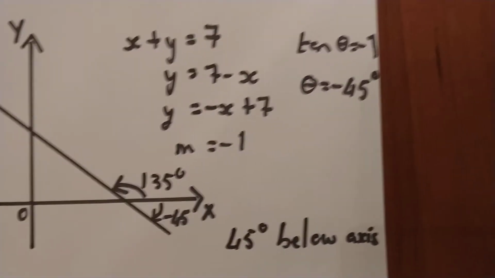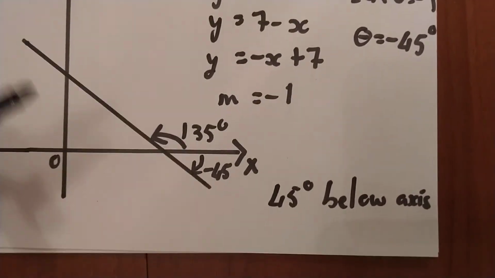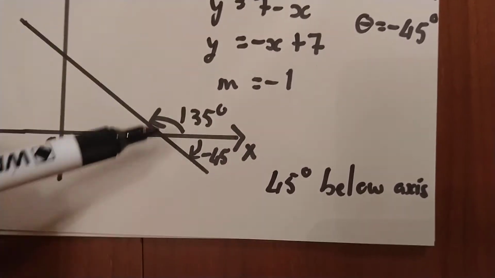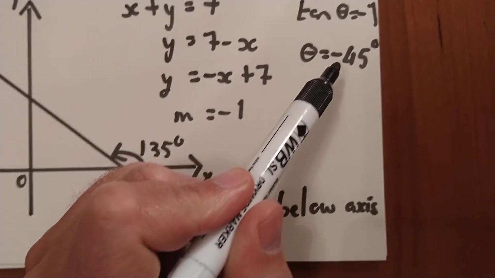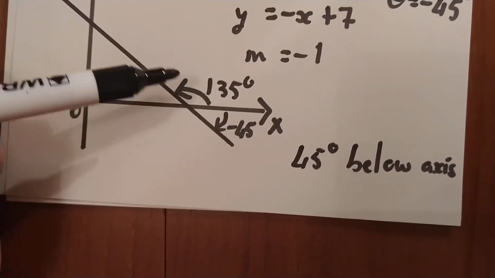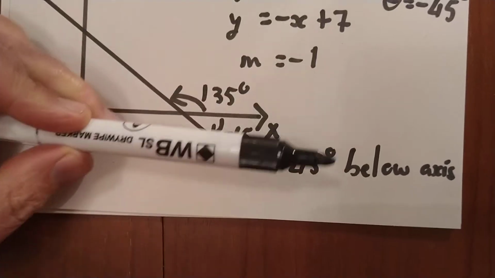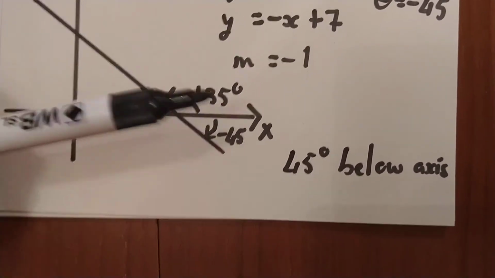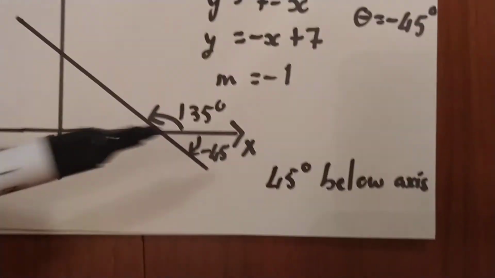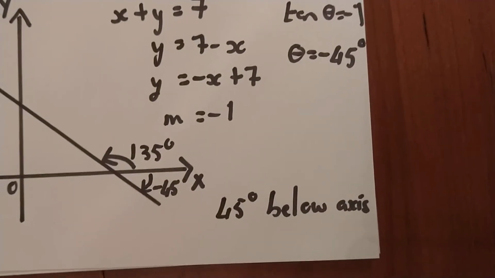So, as I say, check what the question asks. If the question asks for an anti-clockwise angle, that's this one here, so we'll take our answer, negative 45, and take the 45 off 180. If it says, what is the angle below the x-axis, you'll say 45 degrees. If it says, what is the acute angle, or what is the obtuse angle, it depends what the question asks, which way we write the angle down.